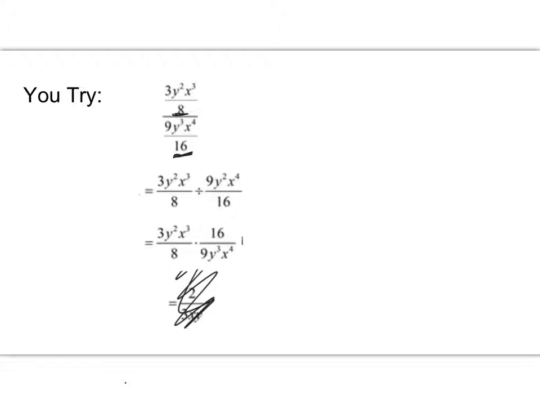Cancel out any common factors. It looks like you could cancel out some y's here, some x's, and maybe an 8. Oh, and a 3 too. 3 from the top and a 3 from the bottom. And you'd be left with 2 over 3xy.